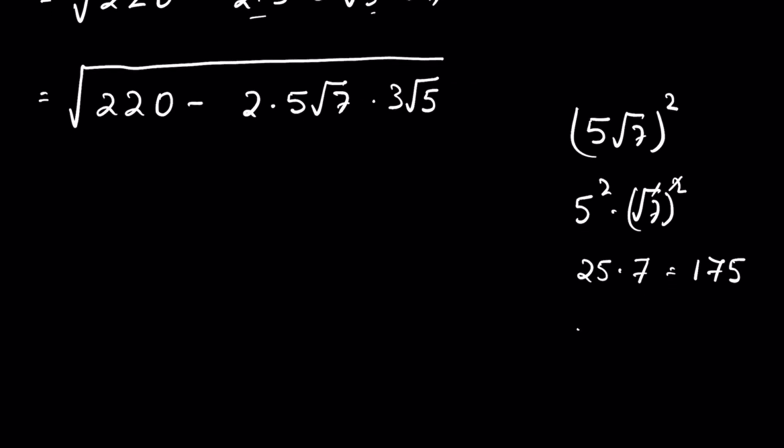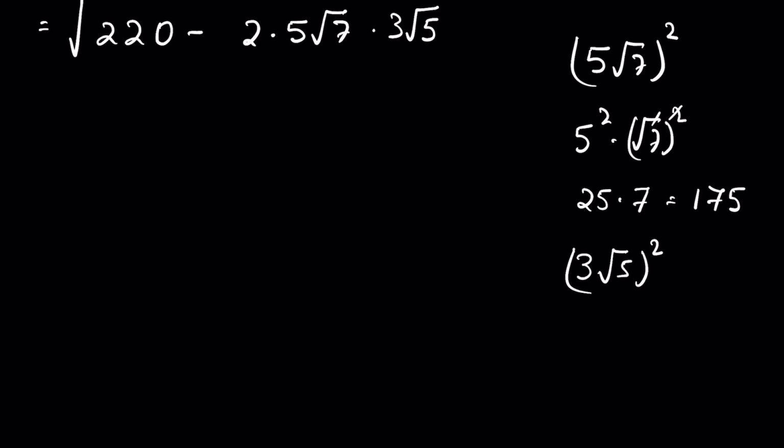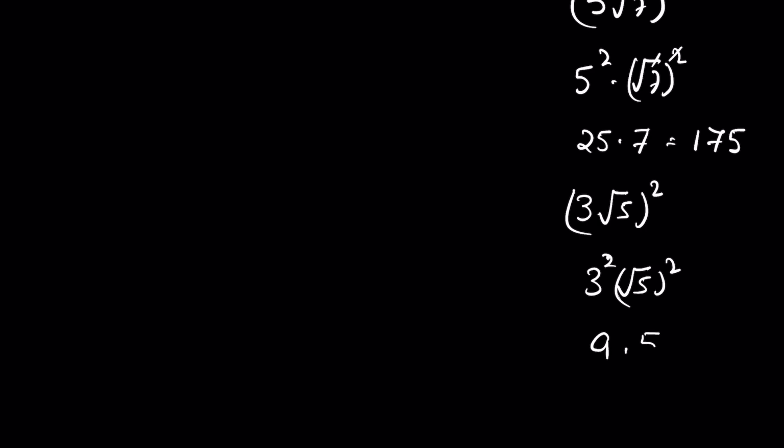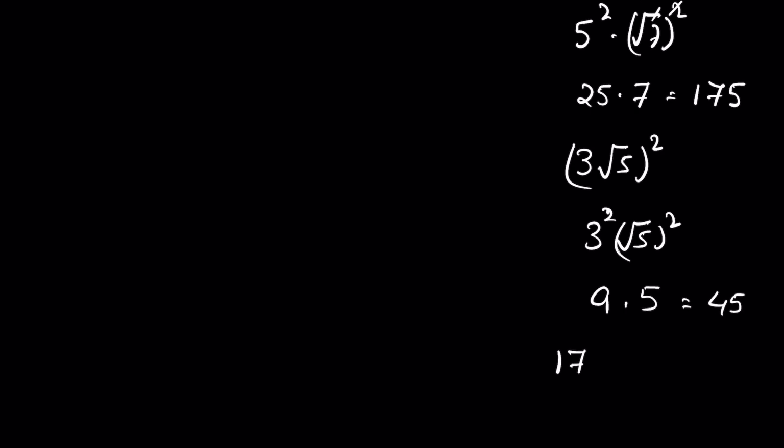If you square 3 times square root of 5, it will be 3 square times square root of 5 square, so 9 times 5 is equal to 45. And if we add 175 plus 45, it is equal to 220.